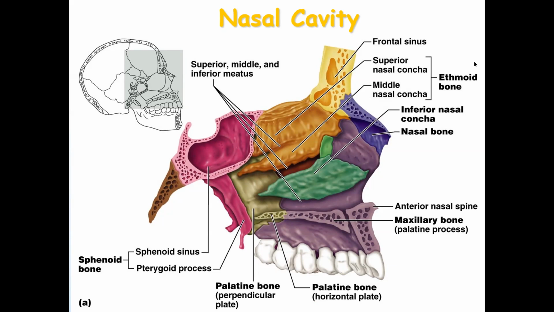So the ethmoid bone, and once again, the inferior nasal concha and your nasal bone here, right? You also see your maxillary bone, which forms the inferior wall of your nasal cavity. In addition to that, you can also see where the palatine bone forms the posterior aspect of the nasal cavity, right? All right.